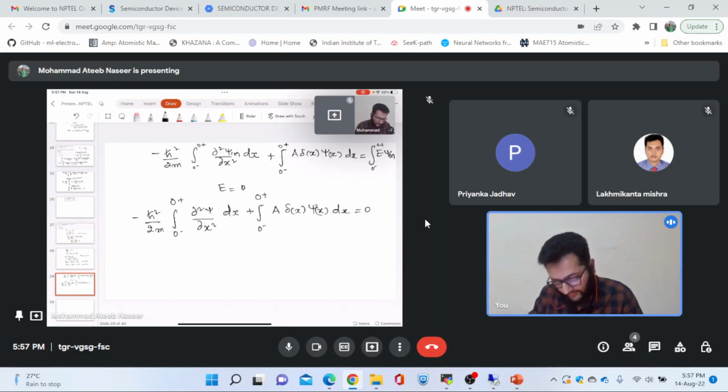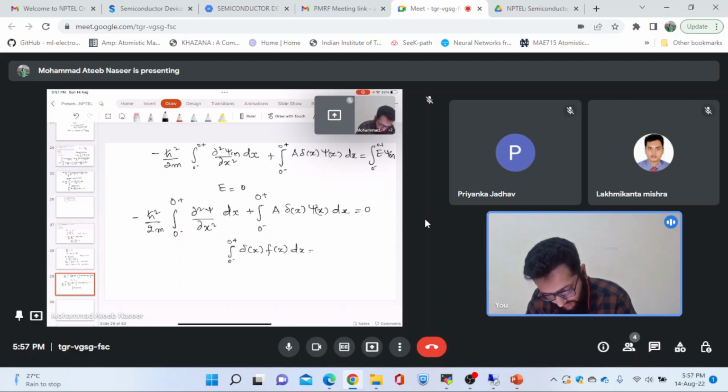Now I use the property of the delta function: the integral of delta of x f of x dx is simply equal to f of x at x equal to 0, and I will put the integration limits in this as well.